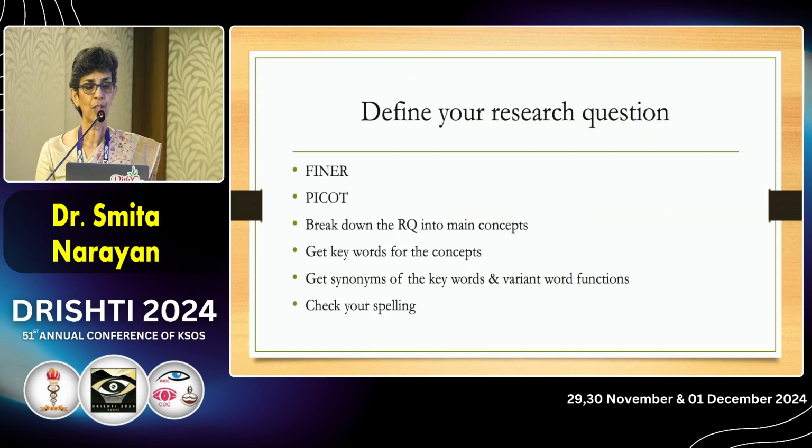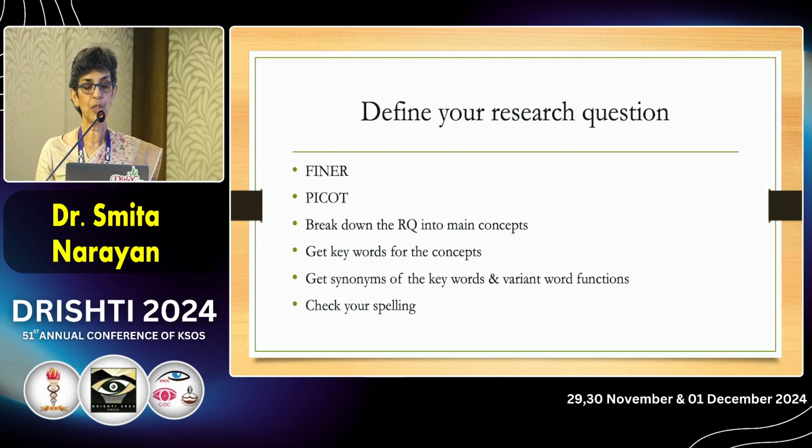Before actually you go into PubMed, I think you should open a Word document and copy paste your research question into it. Your research question should not only have the FINER aspects, it must also have the PICOT, as Dr. Ladika has pointed out. And it should have all these PICOT, which includes the population, the intervention group, the comparator, the outcome, and the time period.